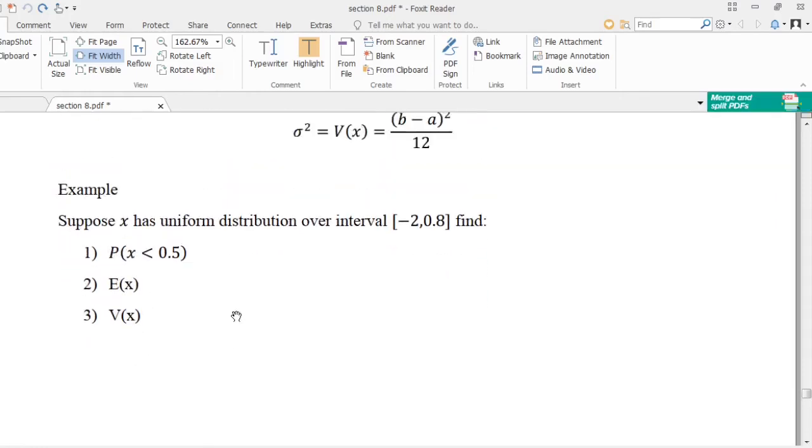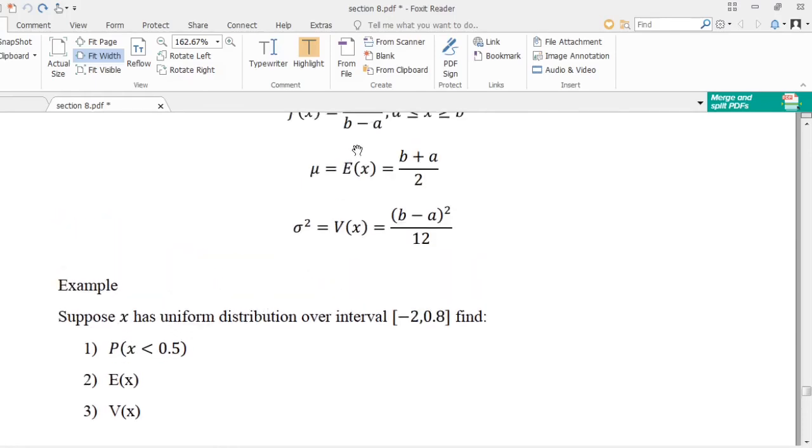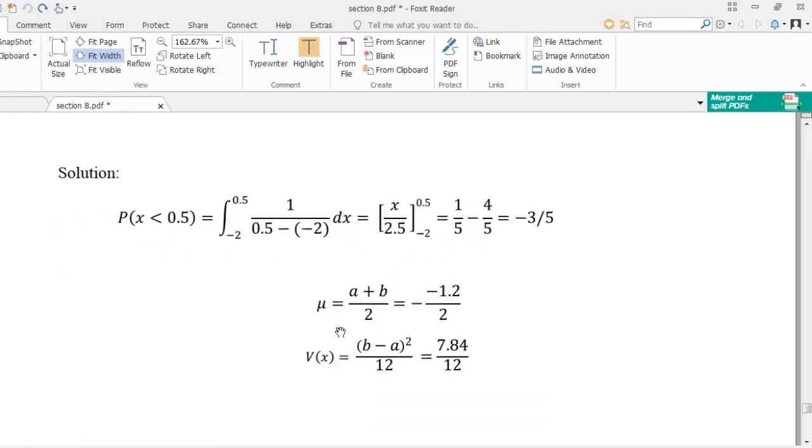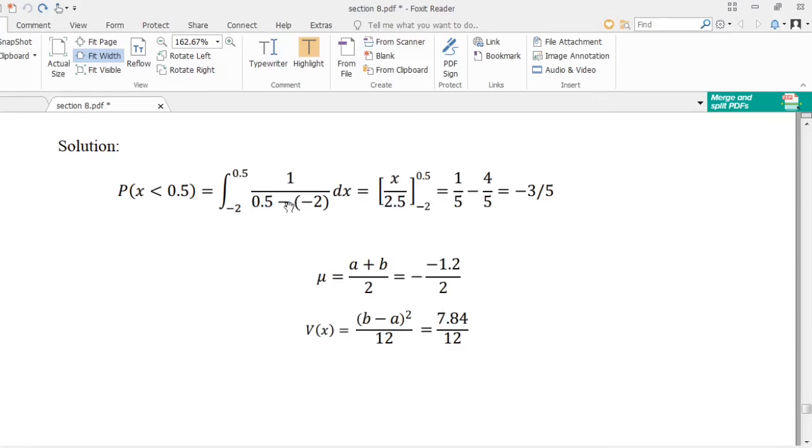So we will substitute in the first one. Just substitute the values, and you have from negative 2 till 0.5, as he says less than 0.5. As you have an interval, the start of the interval is negative 2, so you have negative 2 till the point he asks, and do the integration.